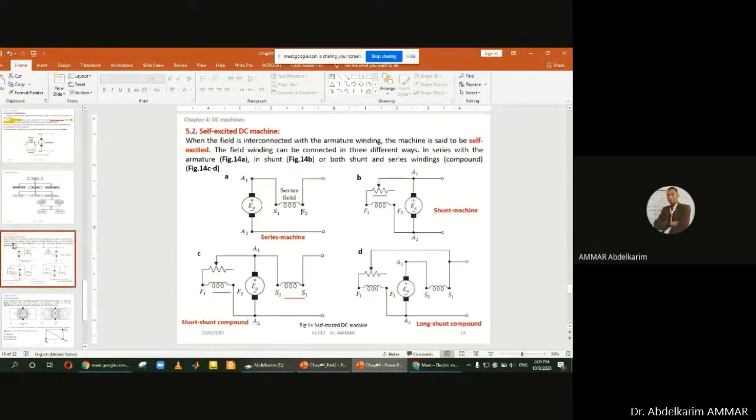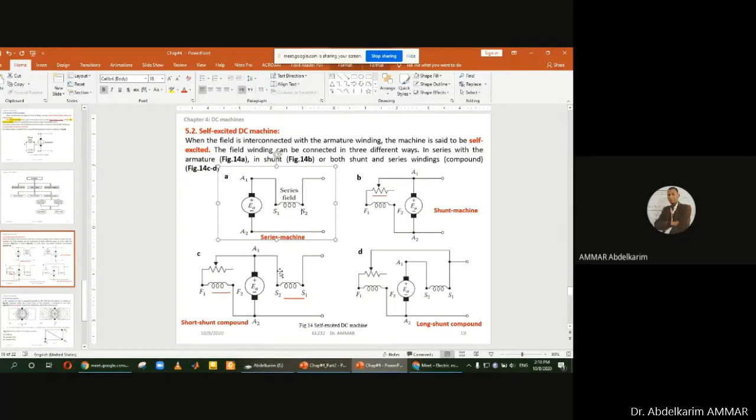Those are the series machine, where the field winding is connected in series with the armature. The shunt machine, where the shunt winding is connected in parallel to the armature, and we add a resistance because the shunt winding is a low current winding, to protect it.